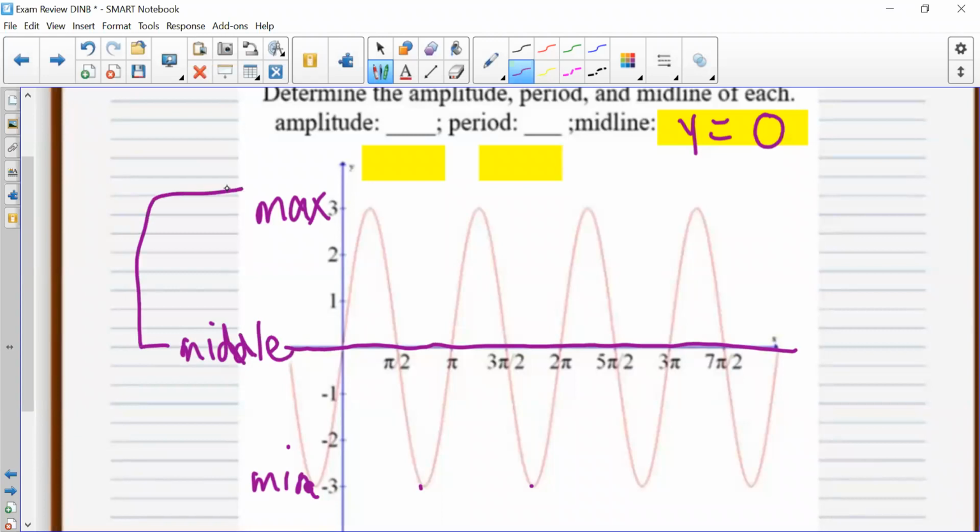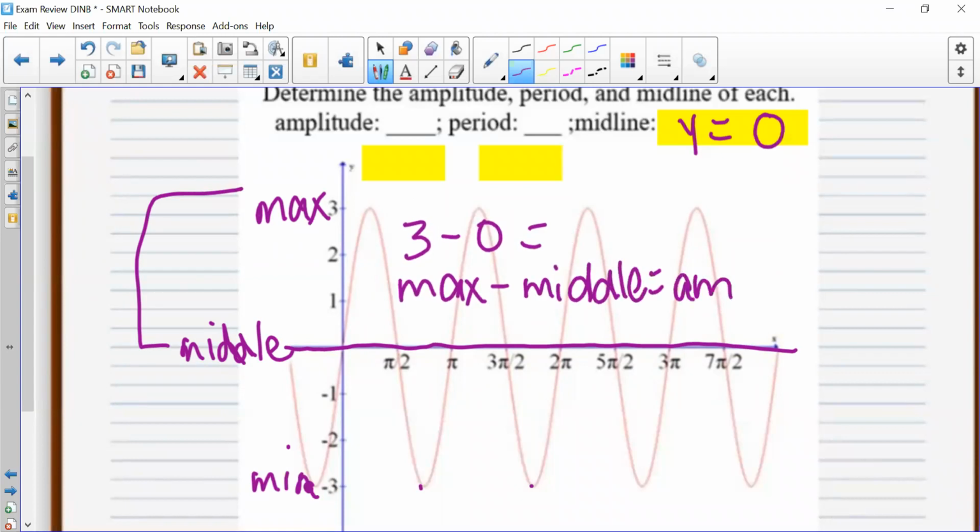That's the amplitude. So the maximum's 3, the middle is 0, 3. Max minus middle will give me the amplitude.